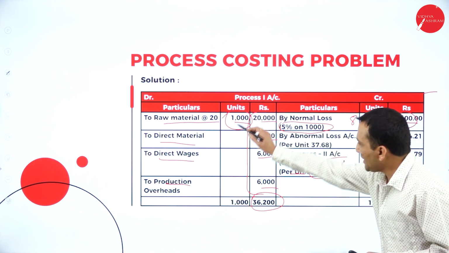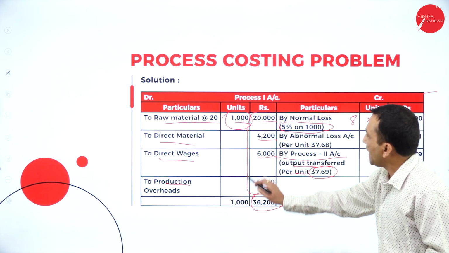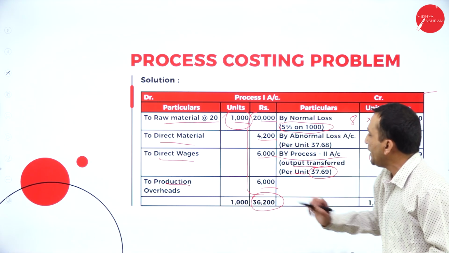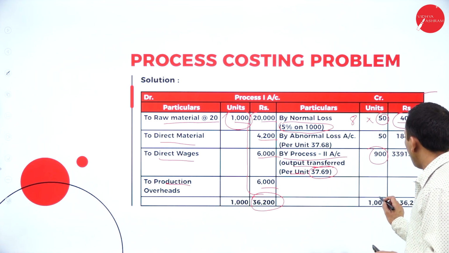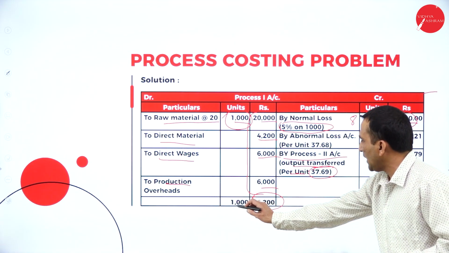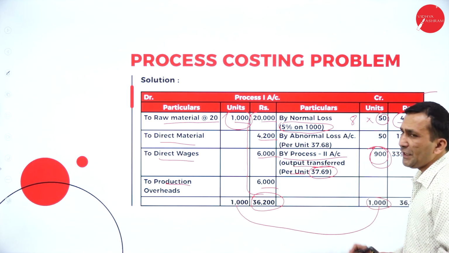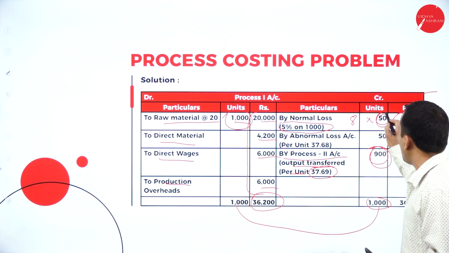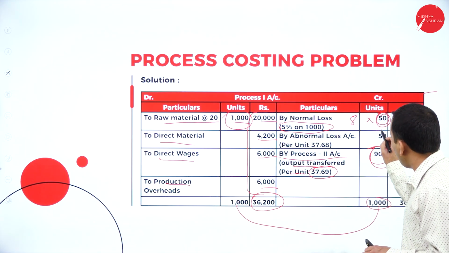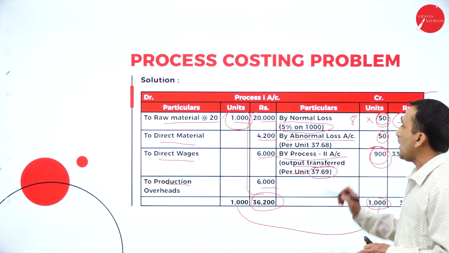Now, where exactly do we get the difference? On the debit side the units are more, and the credit side units we copy as they are. From this output we subtract the normal loss units, and the difference we call the abnormal loss units.